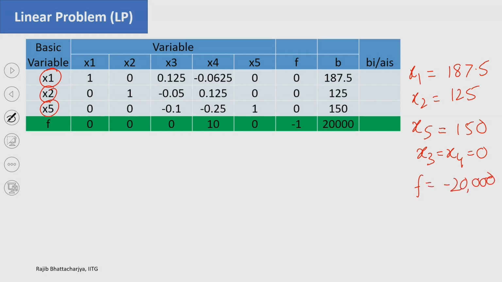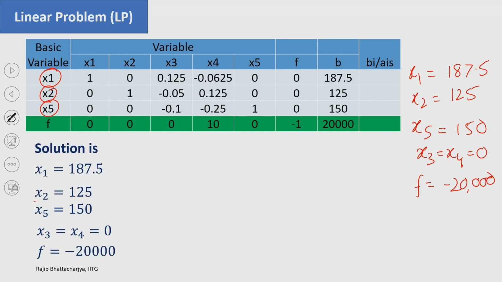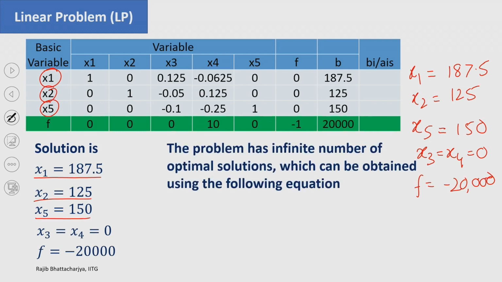Okay. So, there is no improvement in the objective function value. I am getting the same objective value, but this is an alternate solution. So, x1 equal to 187.5, x2 equal to 125, x5 equal to 150, then x3 and x4 equal to 0 and the objective function value is minus 20,000.